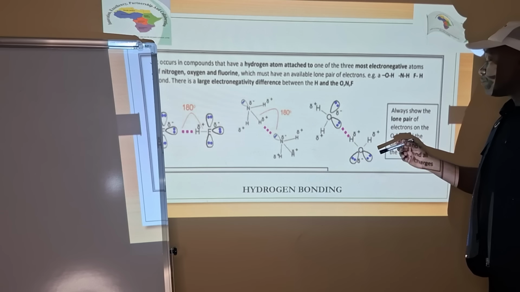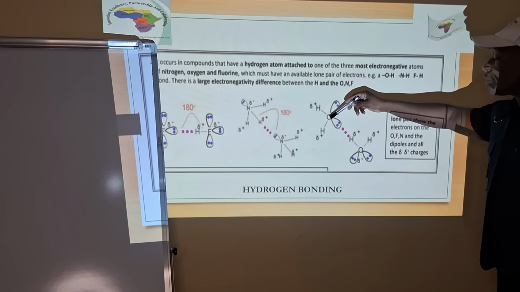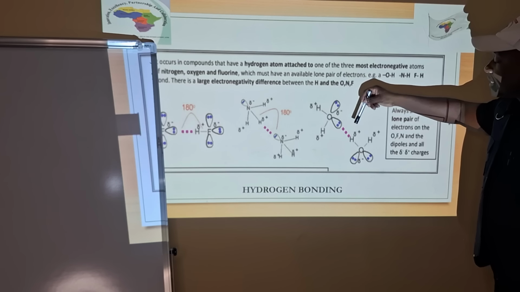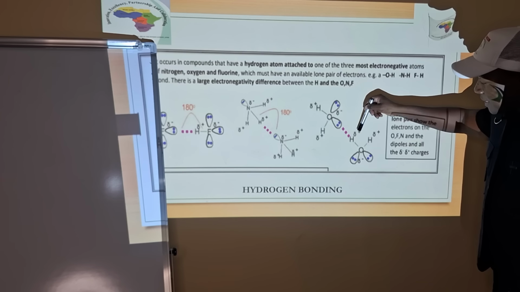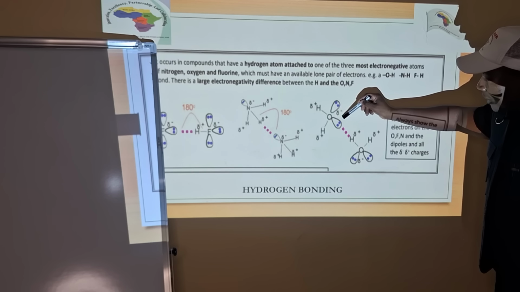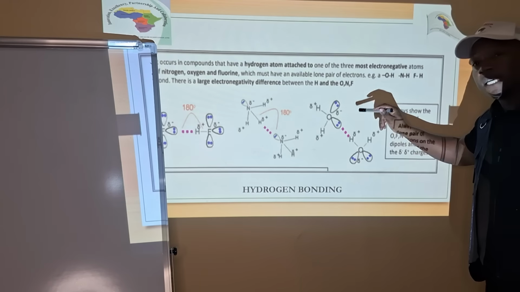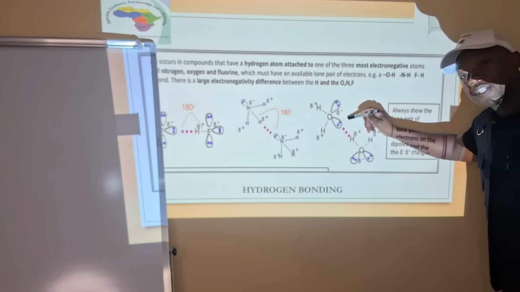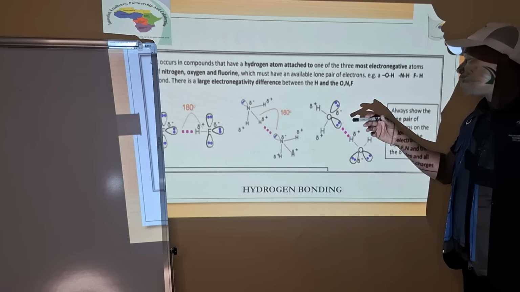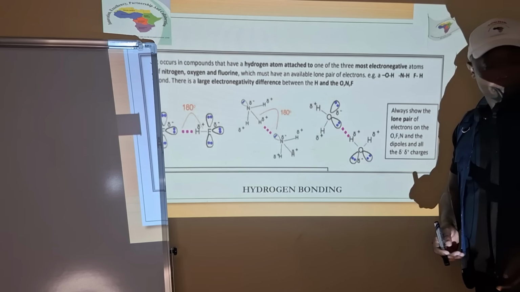If this hydrogen atom has a partial positive charge, it is going to attract a lone pair of electrons on the oxygen of the next water molecule. The bonding which forms between this hydrogen with a partial positive charge and this oxygen with a partial negative charge emanating from the lone pair of electrons is what we call hydrogen bonding. Hydrogen bonding explains some of the properties of water, for example, the cohesion of water, as well as the lattice structure of water molecules when frozen.